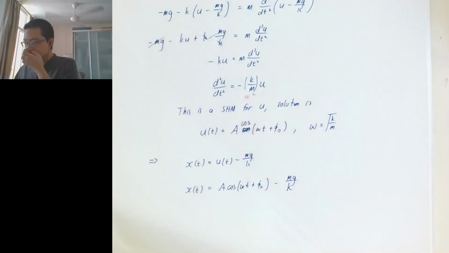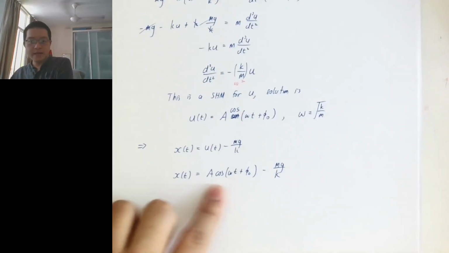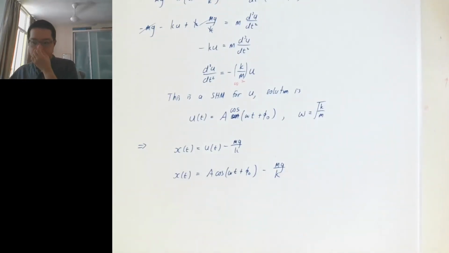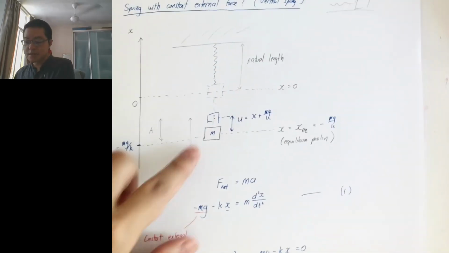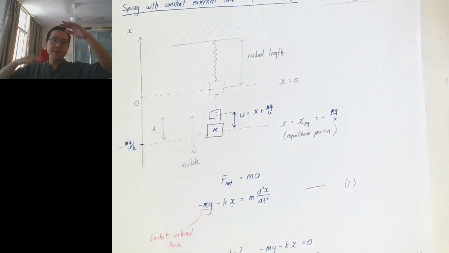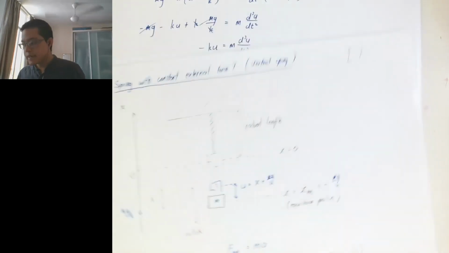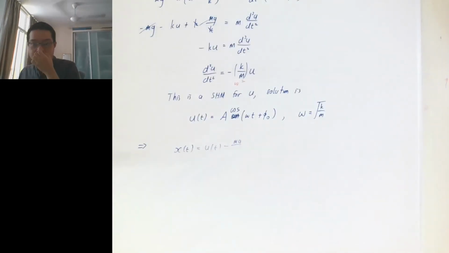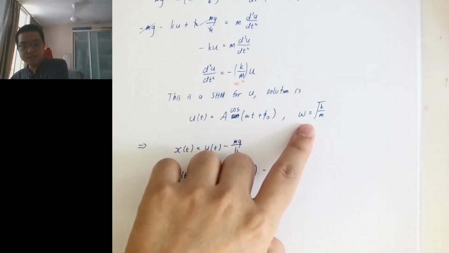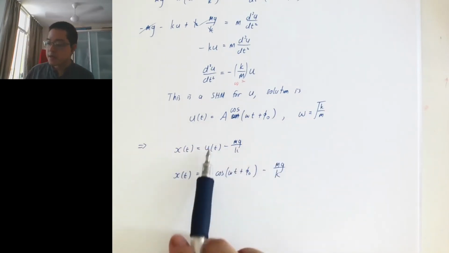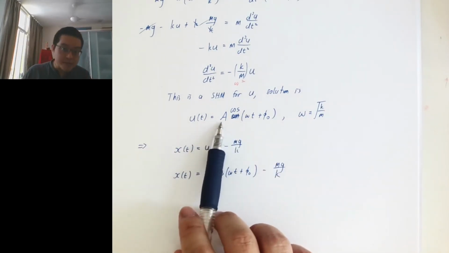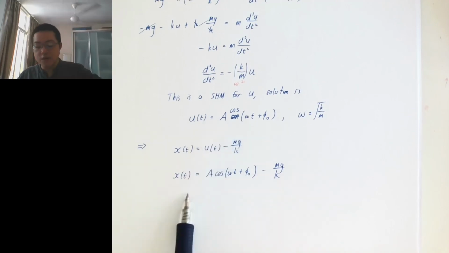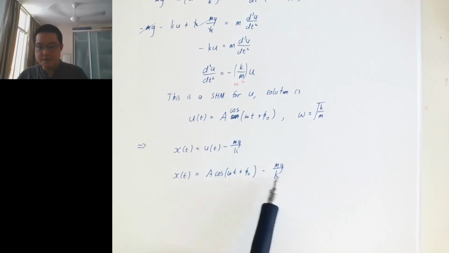So it is just the same situation, but I have a constant at the back. Okay, so this will describe the oscillation of a vertical spring. Even if there's a constant external force, the frequency of oscillation is the same, right? The formula is for the displacement from equilibrium. So to get back your original, you just do this.